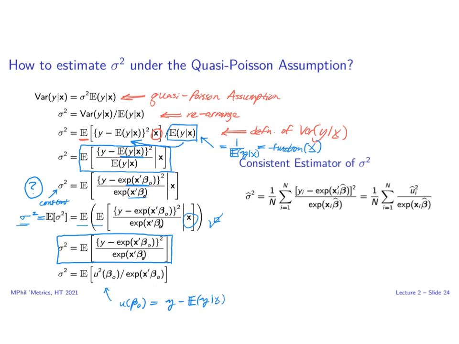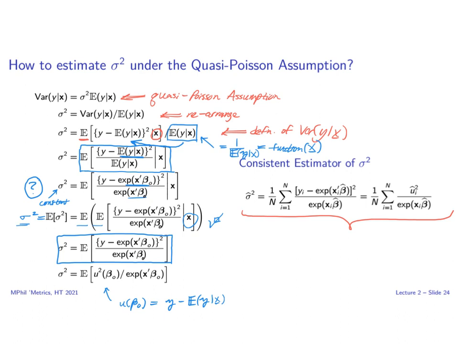It immediately suggests that we should have a look at the residuals from Poisson regression. And indeed, replacing the expectation with the sample analog and these population residuals u squared of beta naught with these sample residuals, we do obtain a consistent estimator of sigma squared.